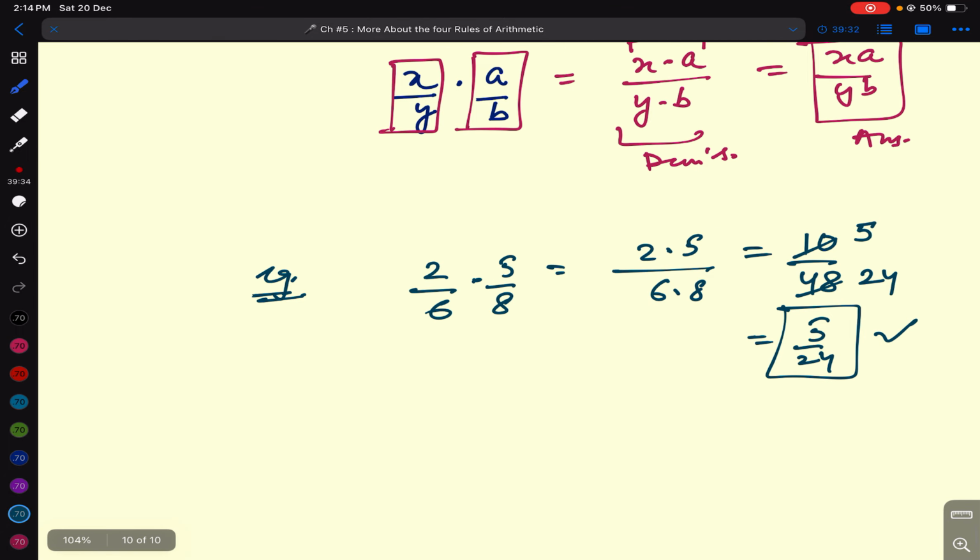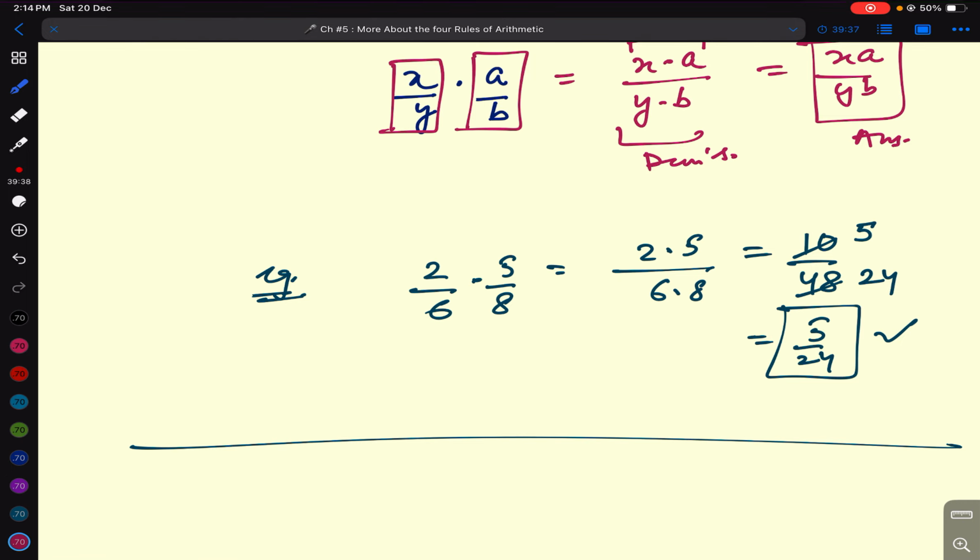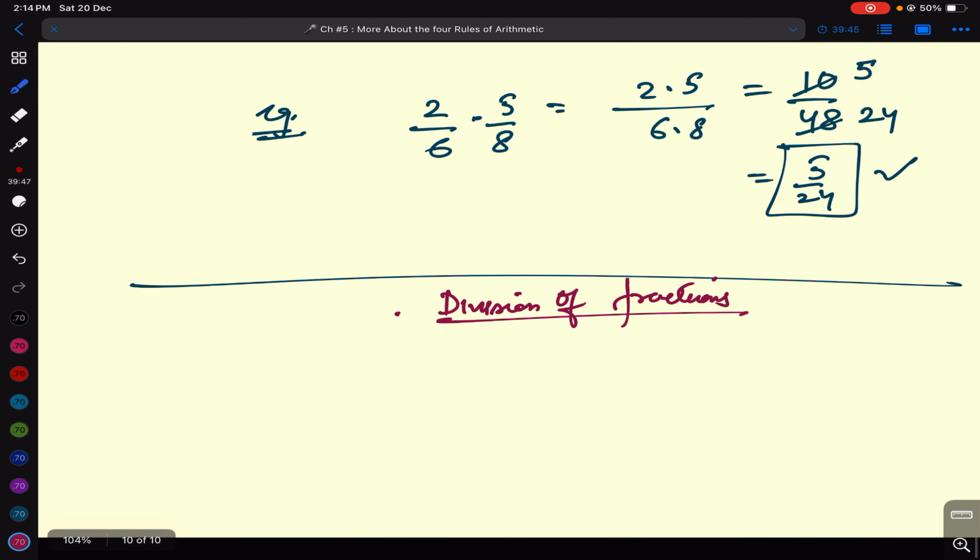Now next comes how do we divide two fractions? So, division of fractions, how do we do that?